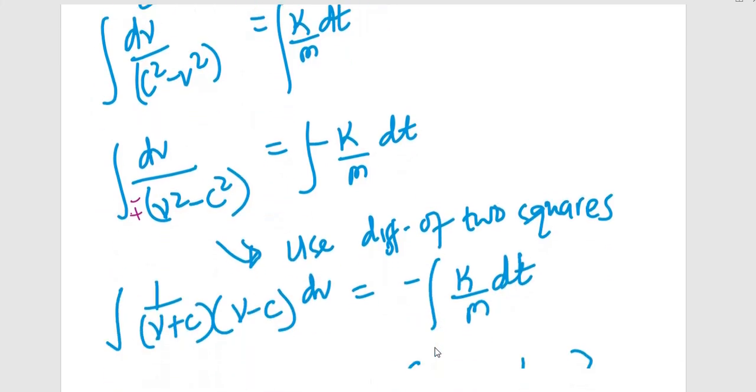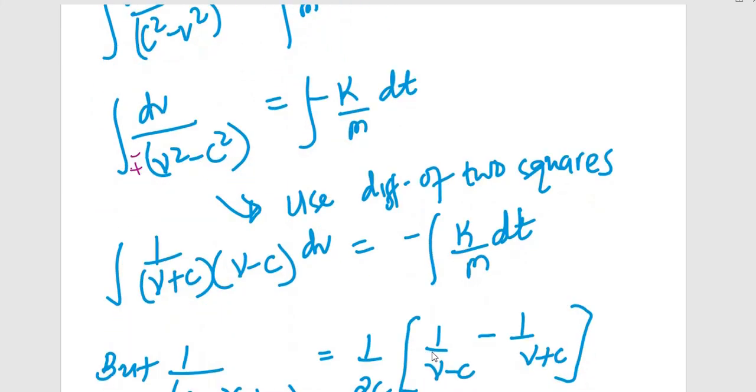So now I look at this and it tells me this is actually a difference of two squares. If I have a squared minus b squared, it is equal to (a plus b)(a minus b). So if I use the difference of two squares, I can say this is the integral of 1 over (v plus c)(v minus c) dv is equal to negative integral of k/m dt.